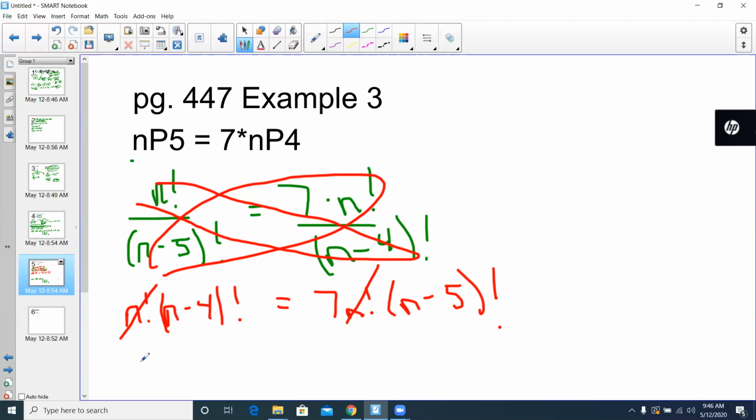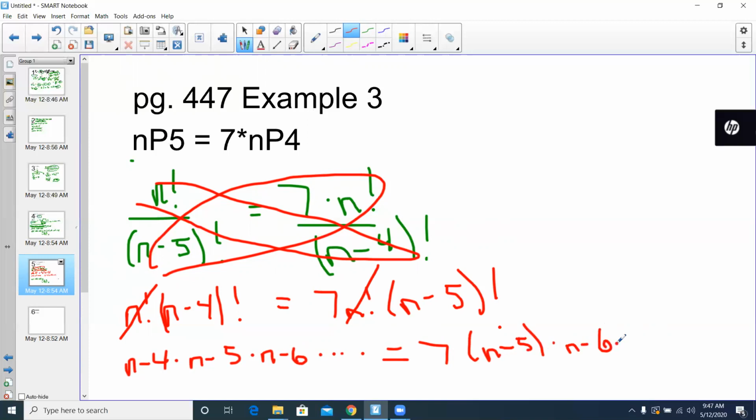N minus 4 factorial is the same thing as n minus 4 times n minus 5 times n minus 6 times, and we're just going to keep going, right? Equals 7 times n minus 5 factorial. It's the same thing as n minus 5, n minus 6 times n minus 7.